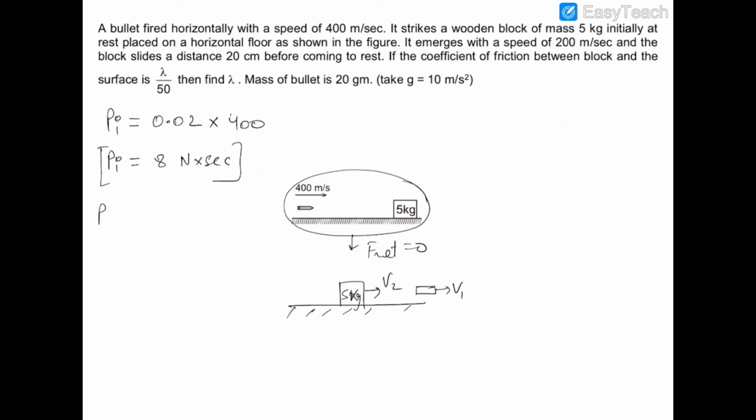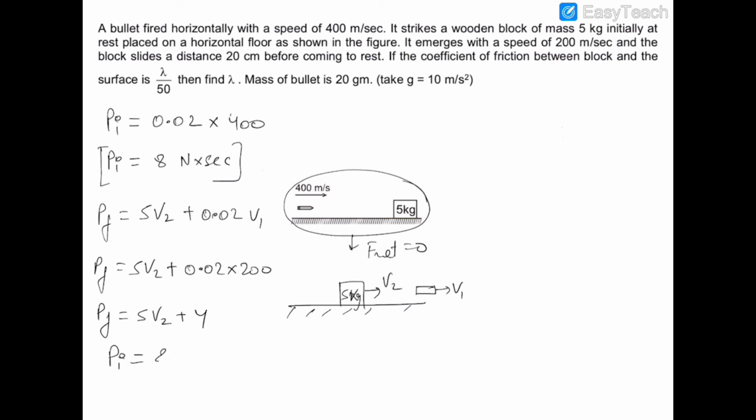So the final momentum of the system would be 5v2 plus 0.02 v1. Now v1 is 200, so P final is equal to 5v2 plus 4, and initial momentum was already 8. So P final is equal to P initial, and 5v2 plus 4 is equal to 8.